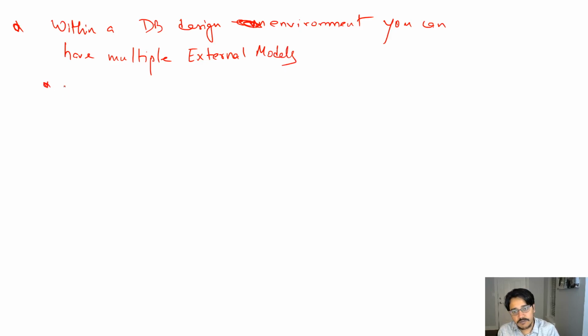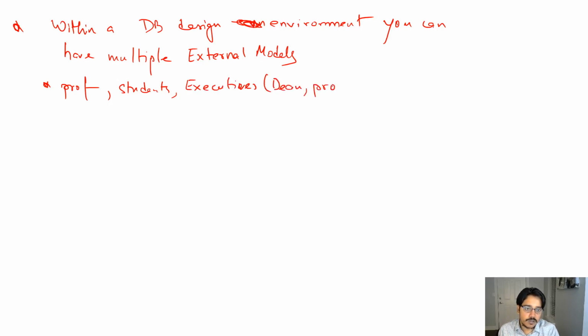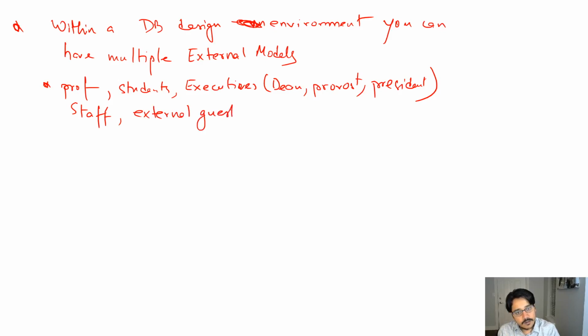Because you can have professors, then you can have students, then you can have executives within the university department. So they will be like dean or the provost or president, and then you can have staff, and then you can have external guests, and so on and so forth. So all of them will have their own external model.